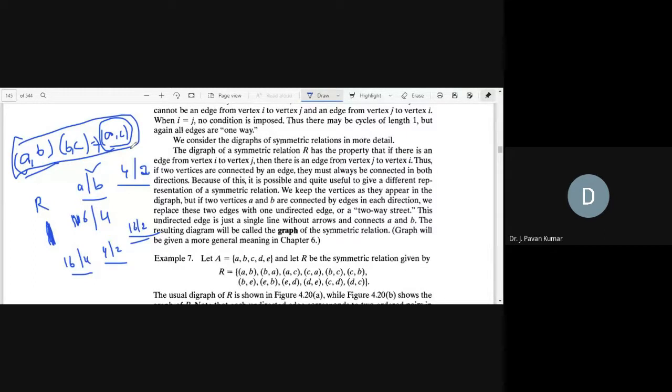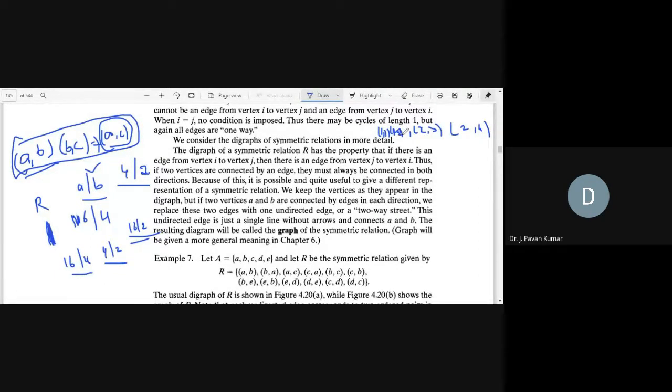Okay. So consider A equal to 1, 2, 3, 4, and R defined as 1 comma 1, 1 comma 2, 1 comma 3, and 2 comma 4. Can we consider it as a transitive relation? 1 comma 1 is there, 1 comma 2 is there, 1 comma 3 is there, 2 comma 4 is there.